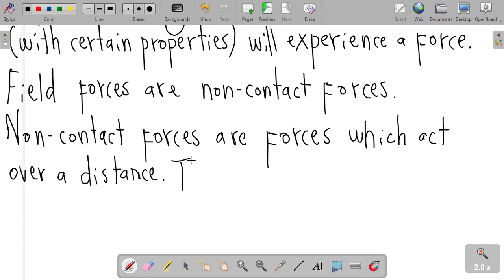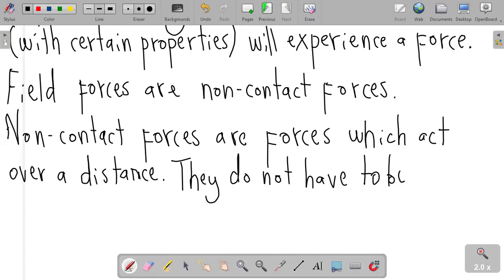So they do not have to be touching, unlike the previous types that we discussed. All the previous types of forces were contact forces, isn't it?